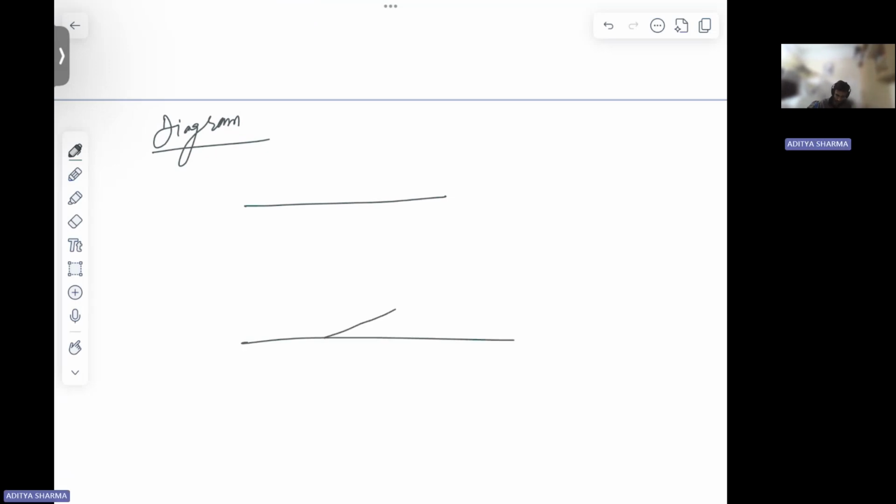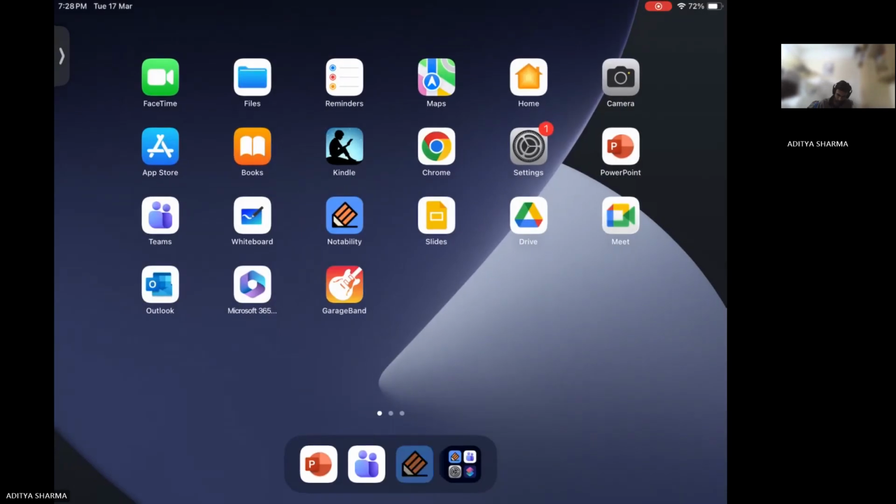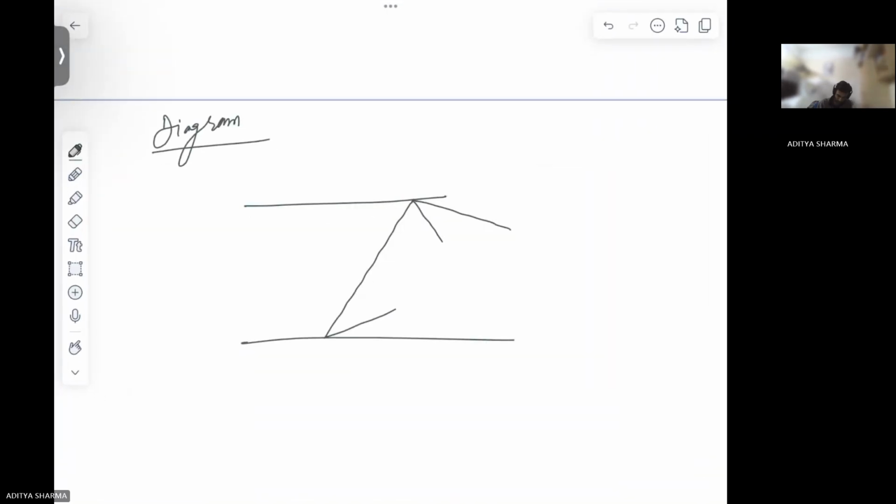You have first deflection, and then you have this. Then you have second deflection, and then you have shock wave related to this. Then you have shock wave related to this. So this is theta 1.